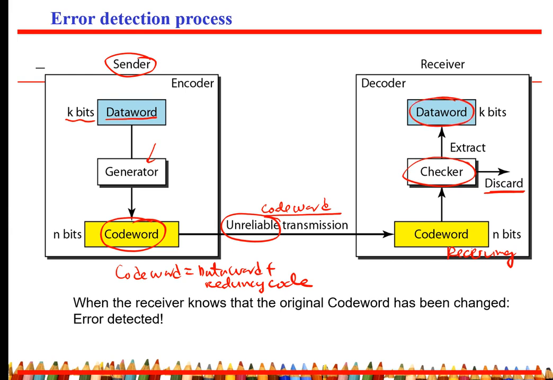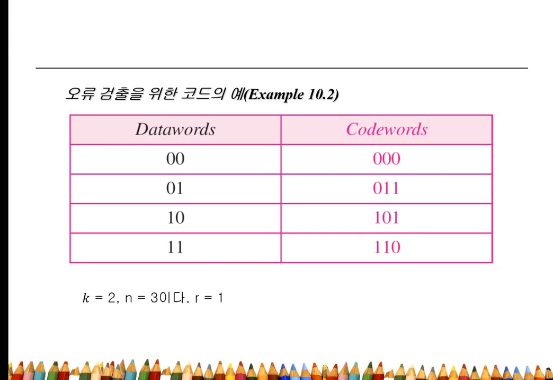So when the receiver knows that the original code word has been changed, then we can say that there's some error, so we can detect the error. Let's give an example of an error checking code.